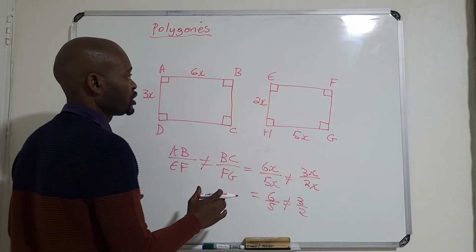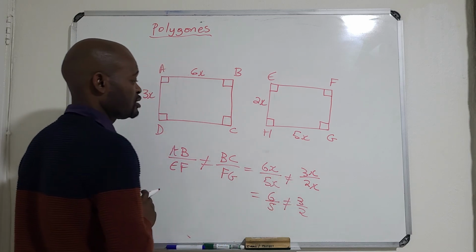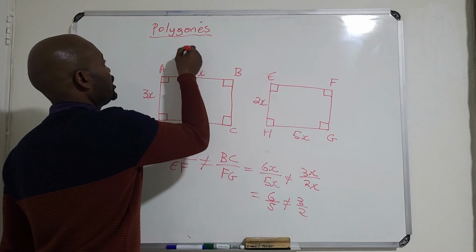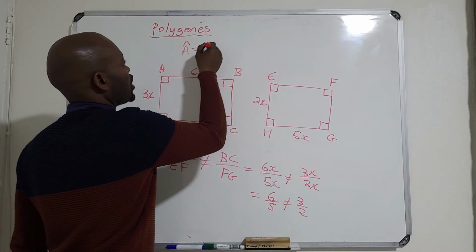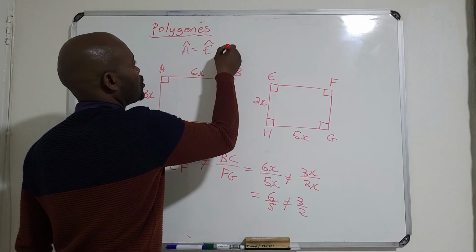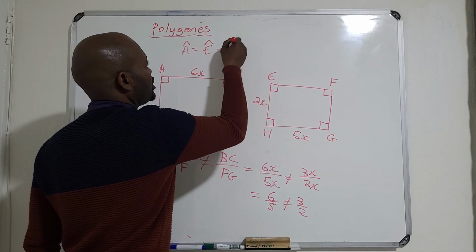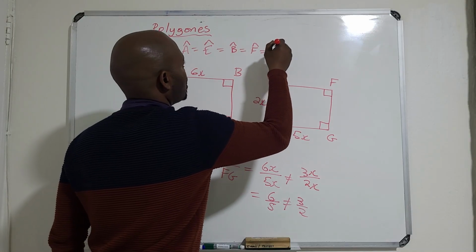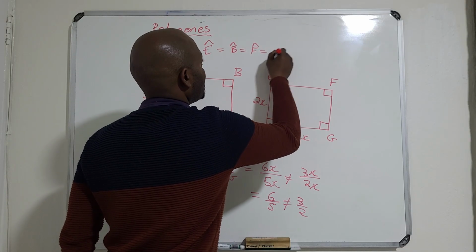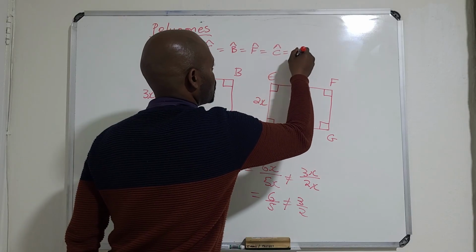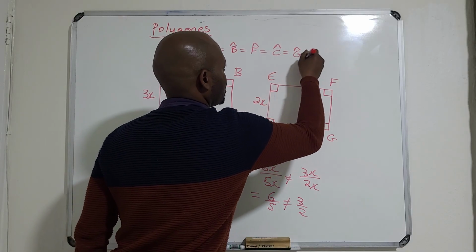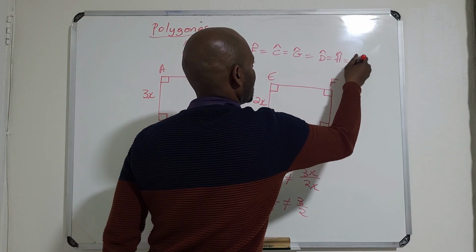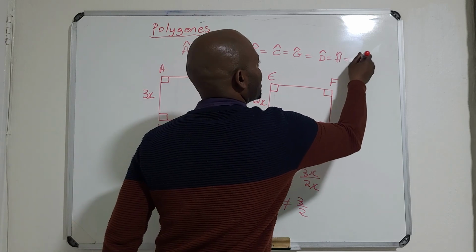So since sides are not in proportion, but angle A is equal to angle E, angle B equal to angle F, angle C equal to angle G, angle D equal to angle H, which is equal to 90 degrees.